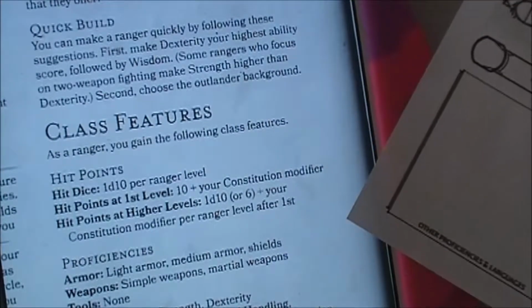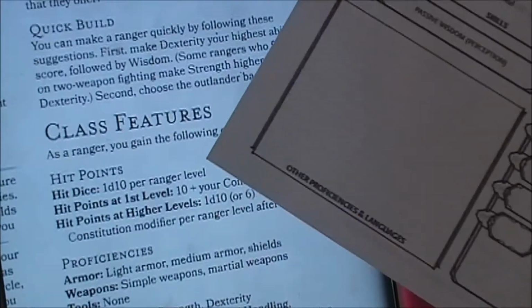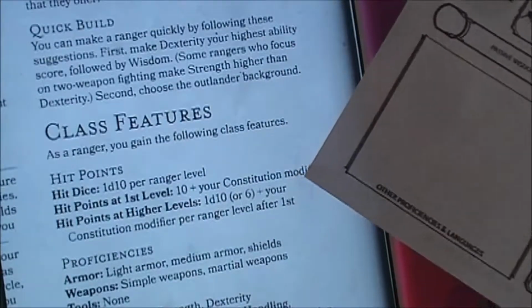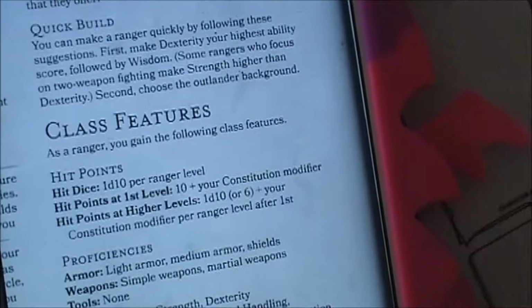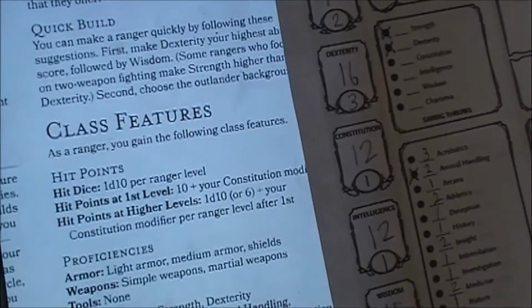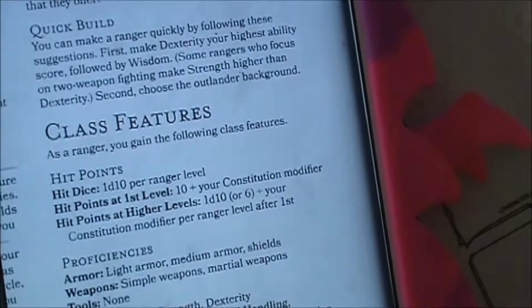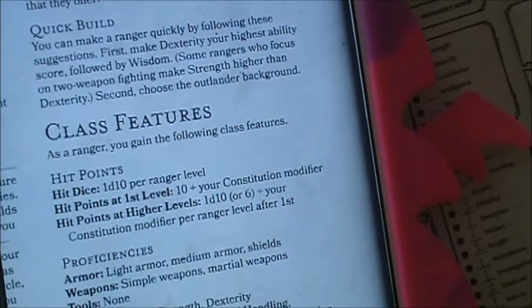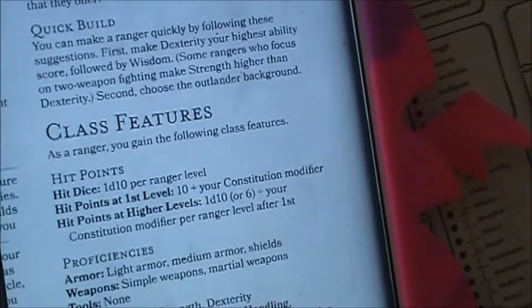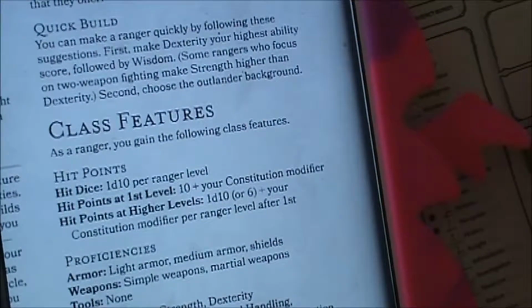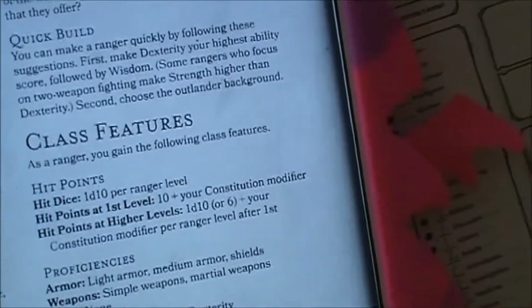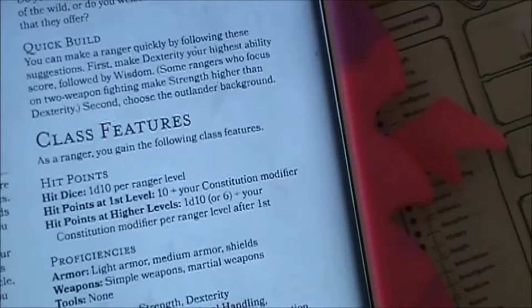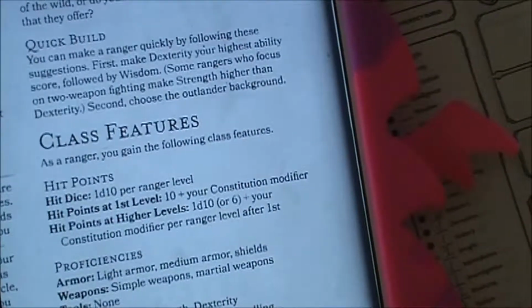Starting hit points will be 10 plus my Constitution modifier. So since my Constitution modifier is 1, my starting hit points are probably 11. So we can probably just go ahead and put those down. Sometimes you have to roll for those, though, depending on your DM.